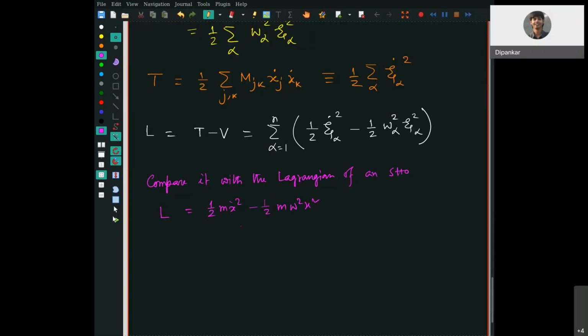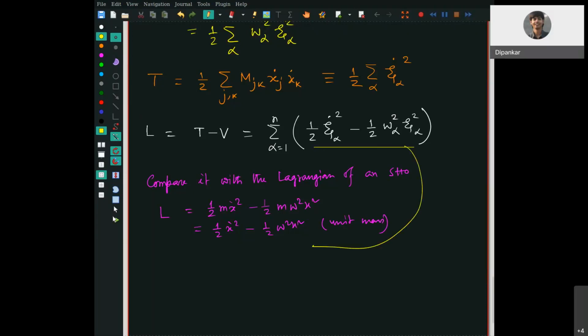If I take mass equal to 1, for unit mass, I just write it as half x dot square minus half omega square x square. The oscillator has a unit mass. So I see that my Lagrangian is precisely this, and it is basically the sum of n such oscillators. This is the sum of n SHO.